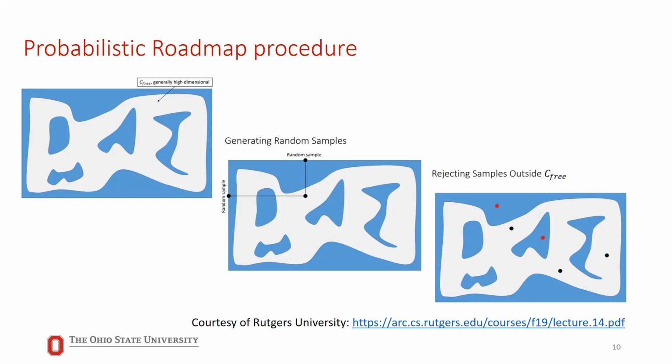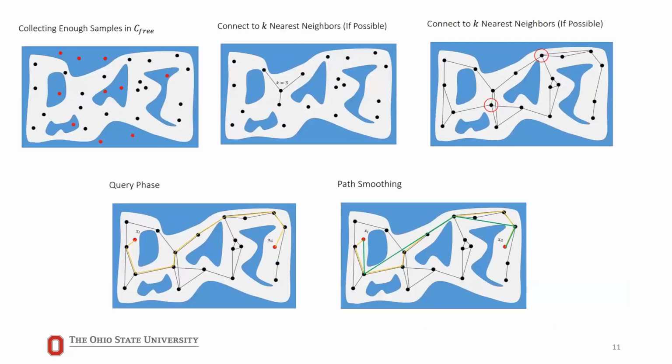The blue ones are obstacles, so those are all rejected. Once the algorithm has enough samples, the red ones are rejected and the black ones are accepted, and it starts growing trees, connecting to K nearest neighbors. You define what K is. You can connect every three of them, or every one of them; it really depends on the algorithm. Think about the complexity: the more of these you do in parallel, the more complex it gets, but it will give you a faster solution.